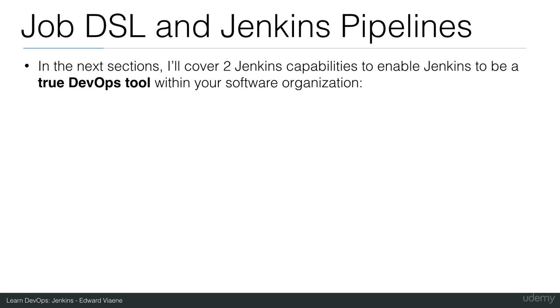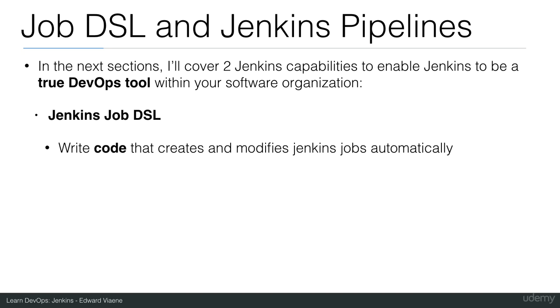In the next sections, I'll cover 2 Jenkins capabilities to enable Jenkins to be a true DevOps tool within your software organization. I will show you how to use Jenkins Job DSL to write code that creates and modifies Jenkins jobs automatically, and the Jenkins pipeline, which is the Jenkins file I was talking about.